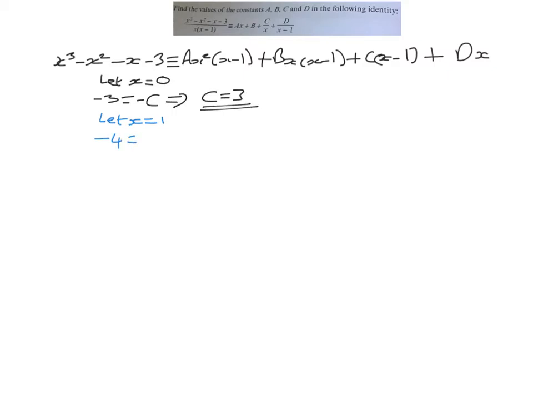Look what happens on the right-hand side. This disappears because of the x minus 1, 1 minus 1 is 0. This disappears, and we're left with just D. So this gives us D equals negative 4.